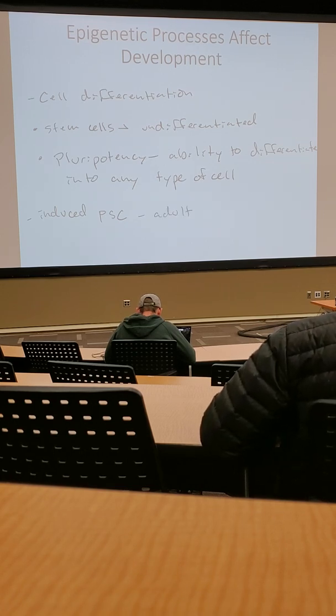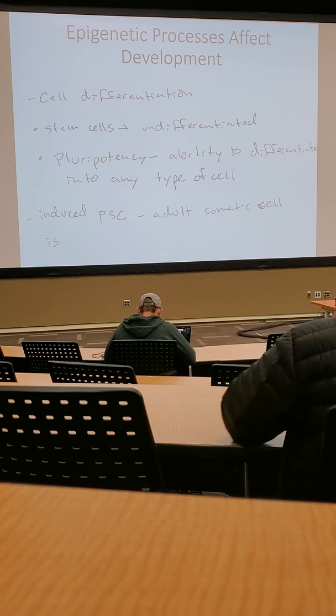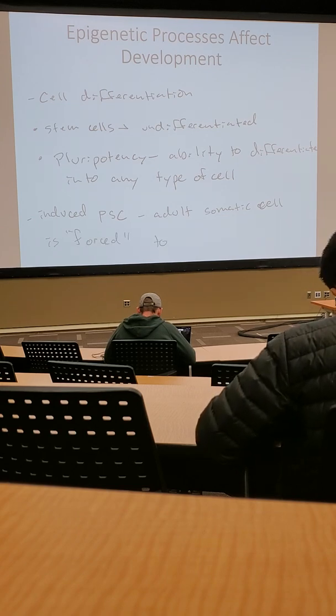Right, adult, daughter, the terminology gets a little weird, but it's meant to be a cell that's already differentiated. So it's forced to take on this pluripotent state again. Sorry, that's really messy, because I was not going to spell de-differentiate correctly.